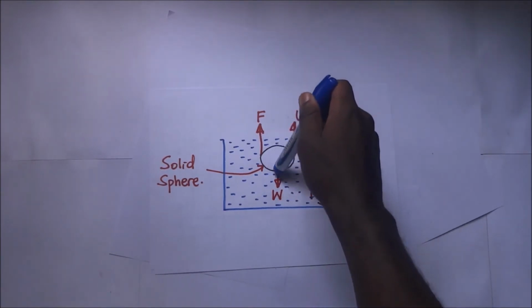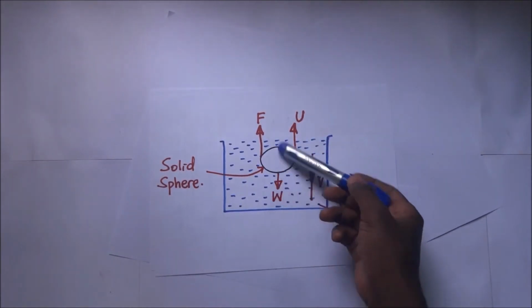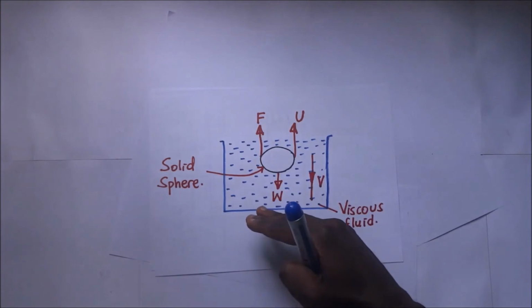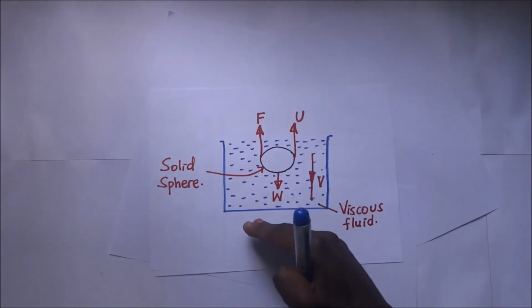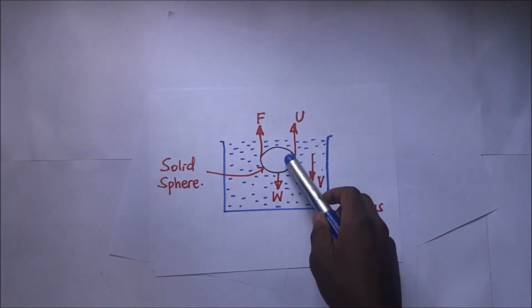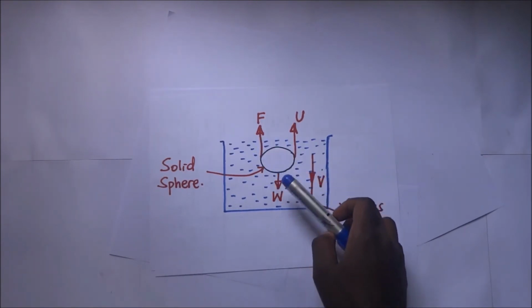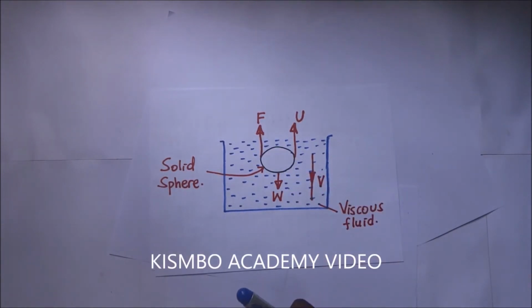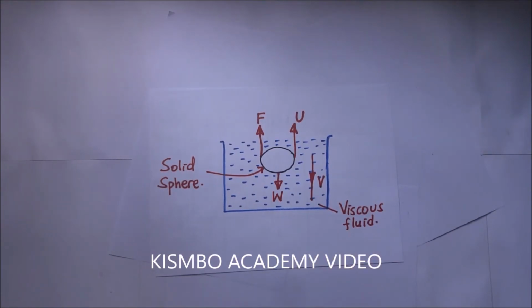So as this ball continues to fall through this viscous fluid, the downward forces eventually equalize with the upward forces. And now when the downward forces are equal to the upward forces, this sphere stops accelerating, and so it starts moving at a certain constant velocity.